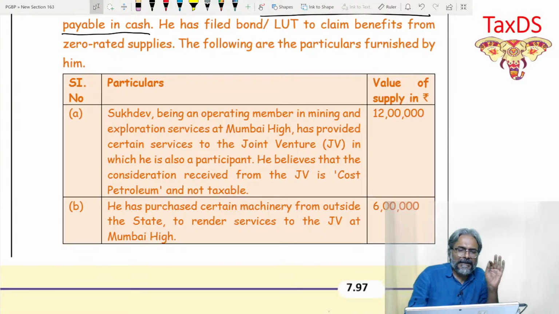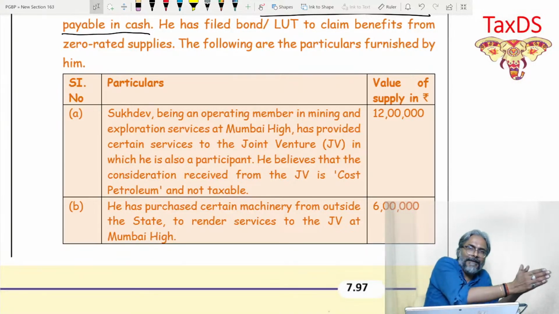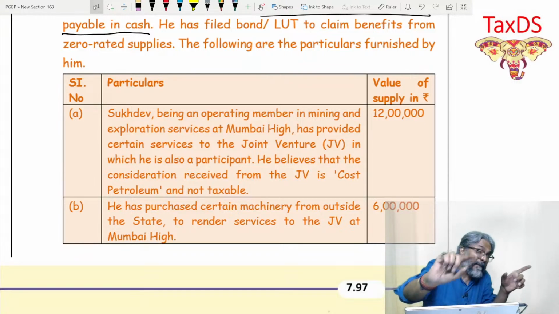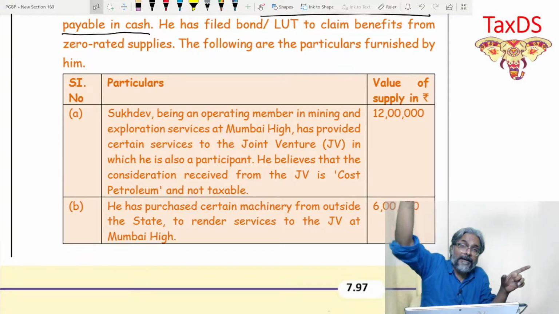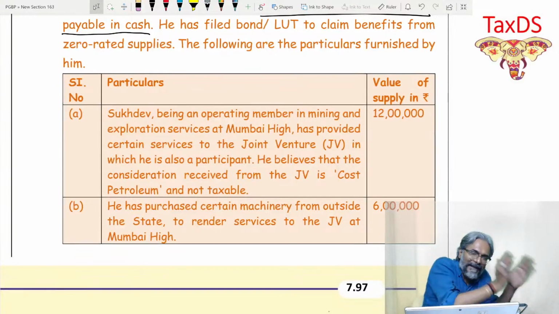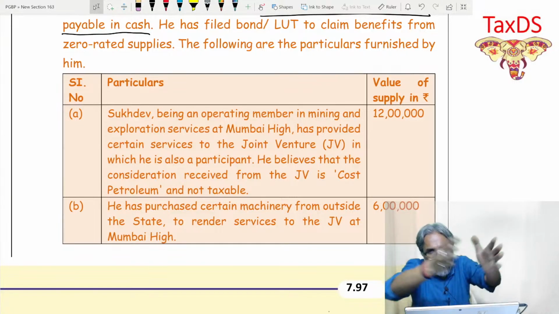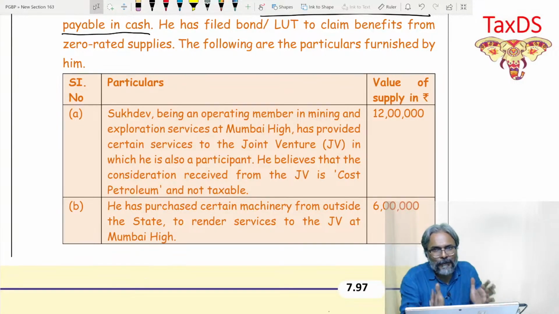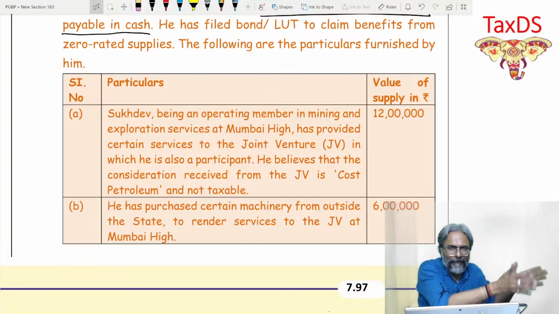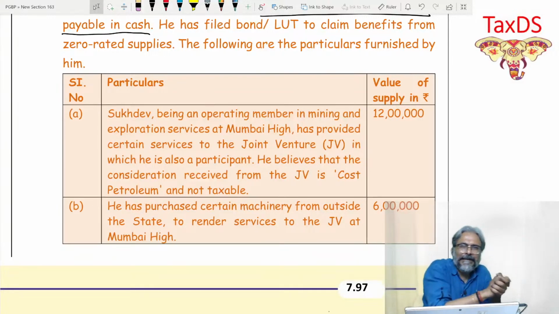He believes that the consideration received from the JV is cost petroleum and not taxable. No, this is not cost petroleum. Cost petroleum would be coming from the government when they give you the petroleum split to explore further. You remember this discussion, students, we had it earlier: when the government provides you the petroleum split for the purpose of exploration, that is your share for exploration on that particular area of the sea.